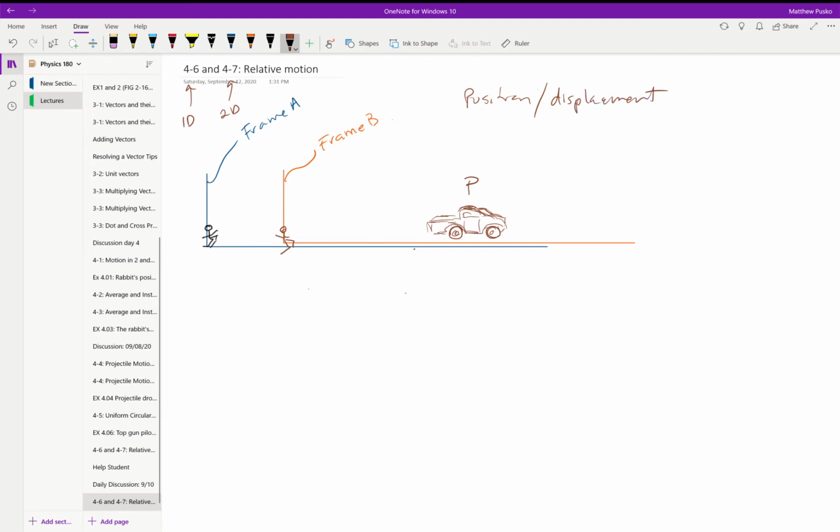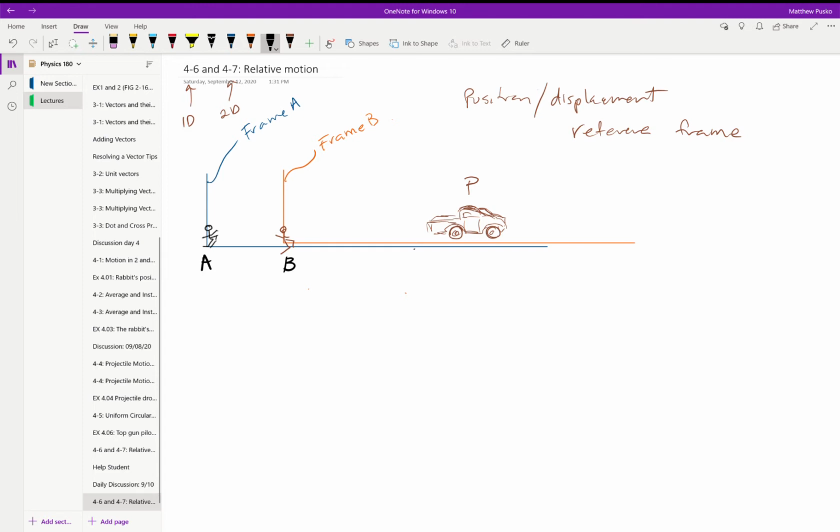What we have is some reference frame A, keyword reference frame. This is where we are observing the physical phenomena from. We have a reference frame at A and one at B, and they could both be moving at different speeds.